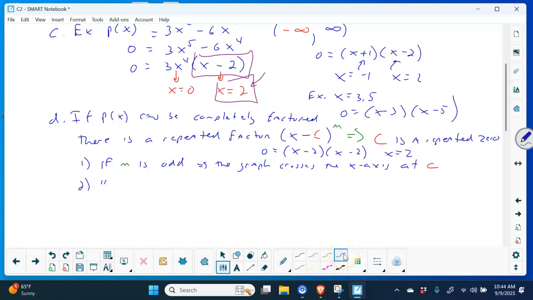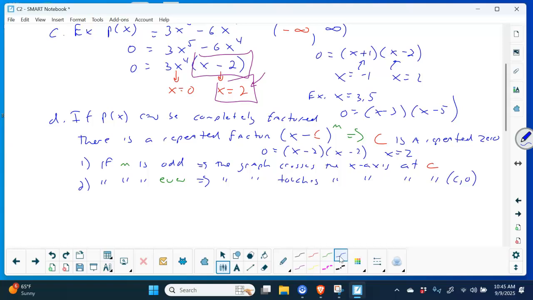But what if m is even? Then the graph touches the x-axis at c, which is technically (c, 0), because the thing is set equal to 0.